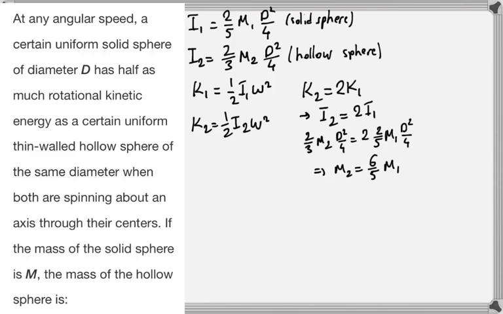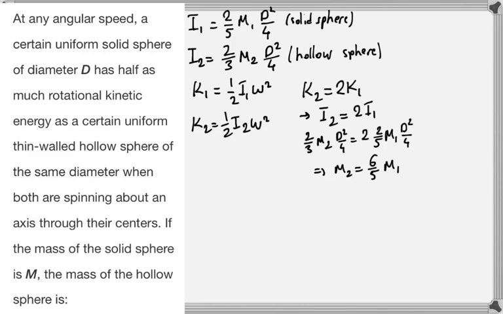In this problem, you have two round objects. One is a solid sphere, and the other is a hollow sphere, whose inside is empty. If you check my notes, you can find the expressions for the moment of inertia for both the solid sphere and the hollow sphere. They are different.